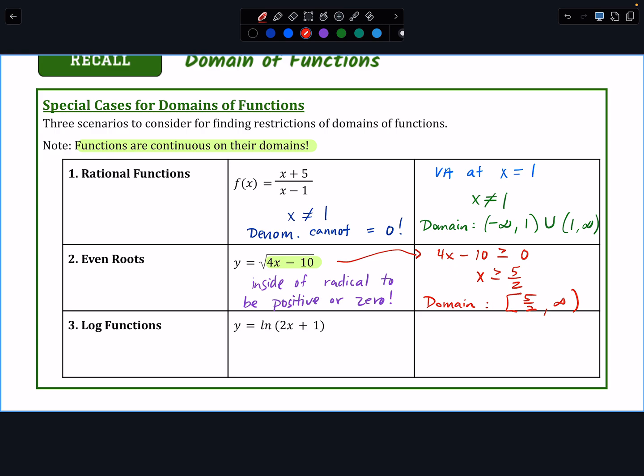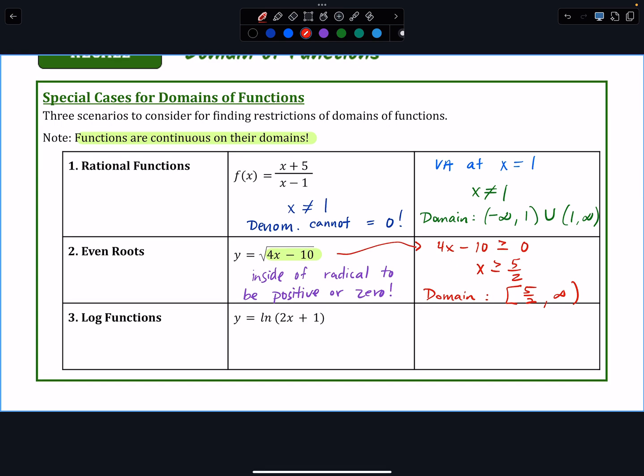No. Okay, good. Okay, this last one, because you guys are calculus, this one is super important that we remember. We can never take the log of a negative, ever. Ever. Or 0.